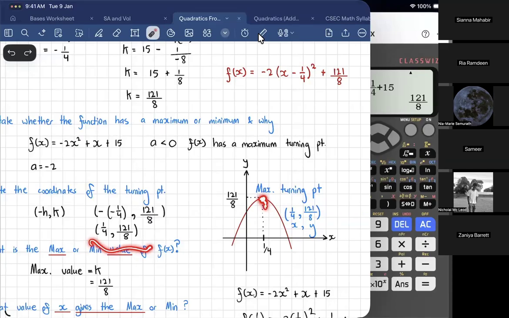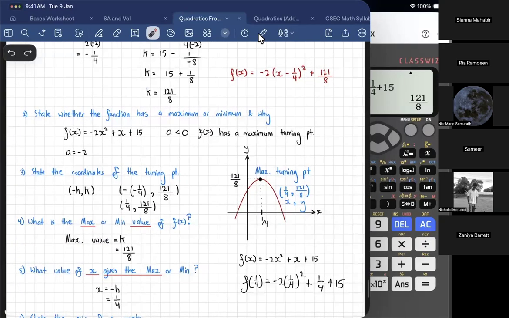Okay. And so if it is 1/4, 121/8, what is the x and y value? A quarter is x, and 121/8 is y. Perfect. The next type of question they would ask is what is the maximum or the minimum value of the function?